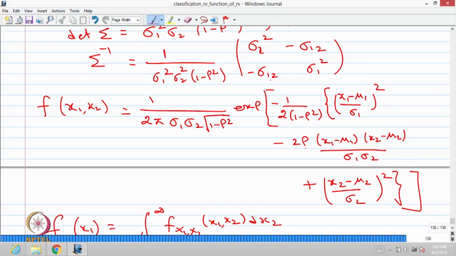If you substitute rho equal to 0, that is, the correlation coefficient equal to 0, you will get the first term and the third term. From that we can conclude the joint probability density function of x1, x2 is the same as the product of the probability density functions of x1 and x2.